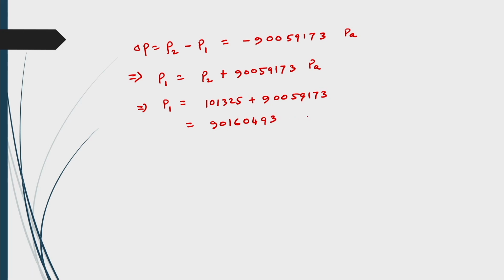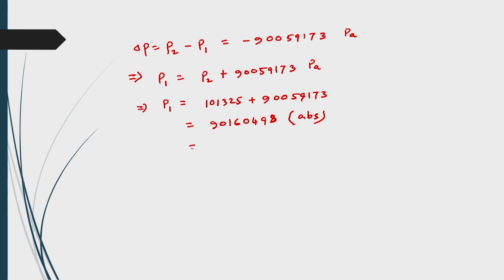90160493. Is it 93 or, okay, I think it will be 8, and this we consider as absolute. Why absolute? Because we are adding the atmospheric pressure to this value. So finally it will be the absolute pressure P1, equal to the pressure at point 1.